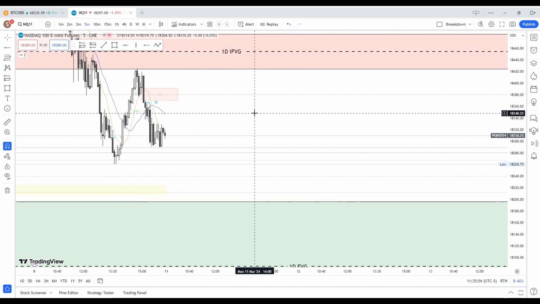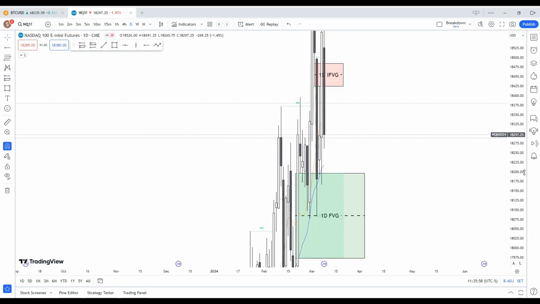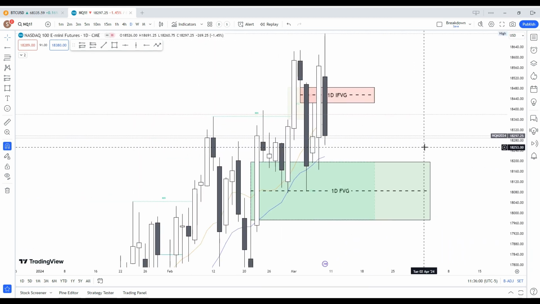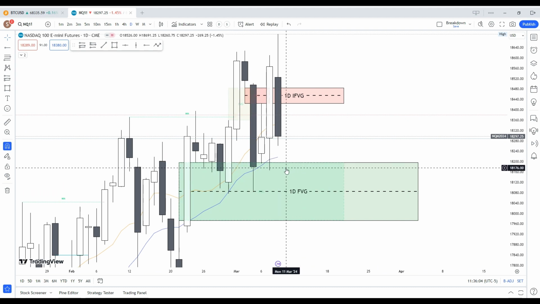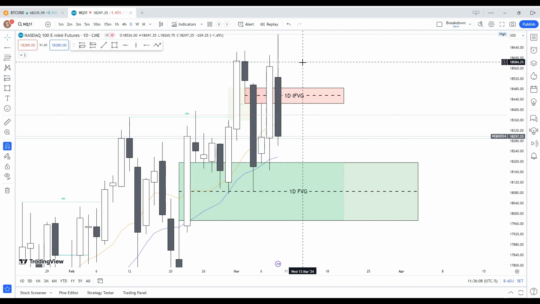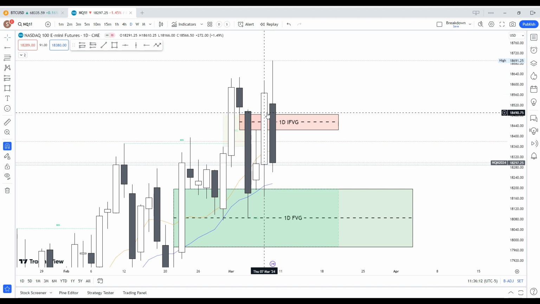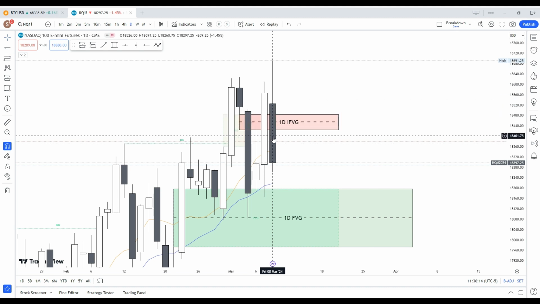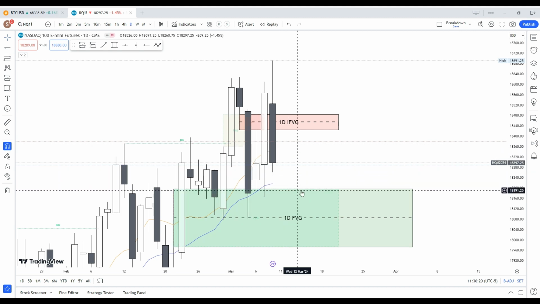So some things to point out. We may just come down here and test this 20 in the top of this daily fair value gap here. This wick on the daily here, and the way that the body closed, we could get lower prices.